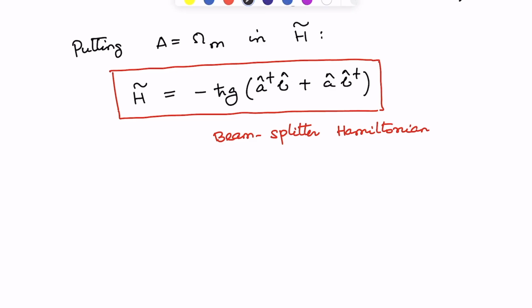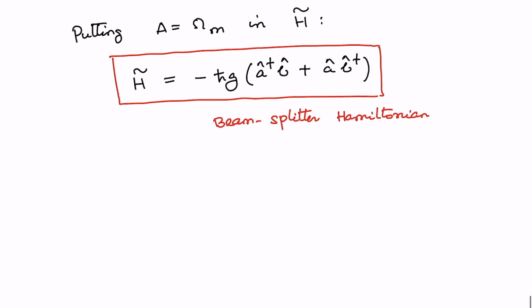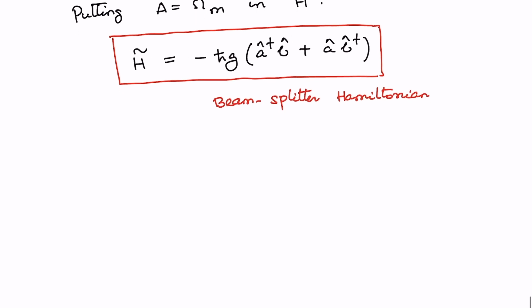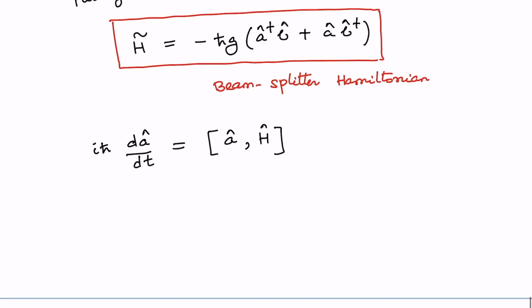Now we can immediately write the equation of motion for the optical mode and the mechanical mode using the Heisenberg equation of motion, i h bar dA dt. Please remember that here we are not considering quantum noise and dissipation phenomena. We are completely focusing on the optomechanical interaction only, and this is the Heisenberg equation for the optical mode.